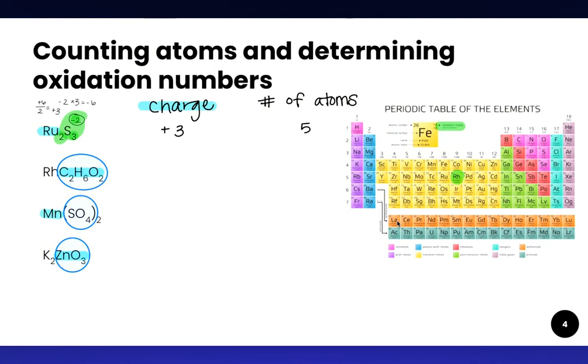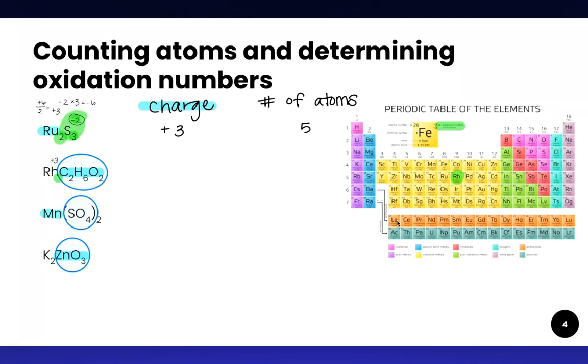So, going back over here, we know that the charge on this is positive 3. And there is only 1 rhodium, so the entire charge on the polyatomic ion, which there is only 1 of, has to be equal and opposite to the charge on rhodium.